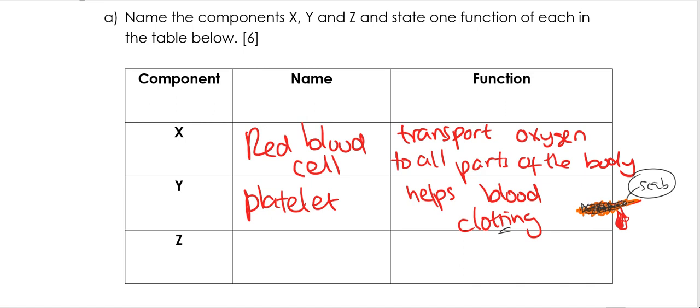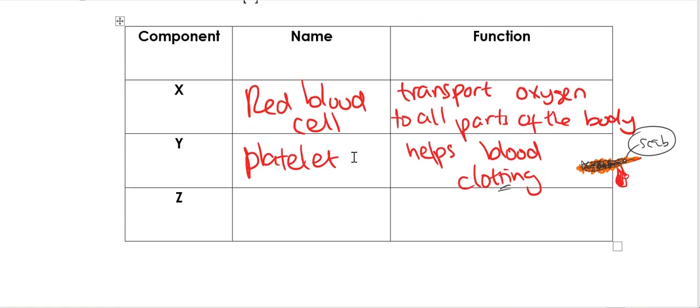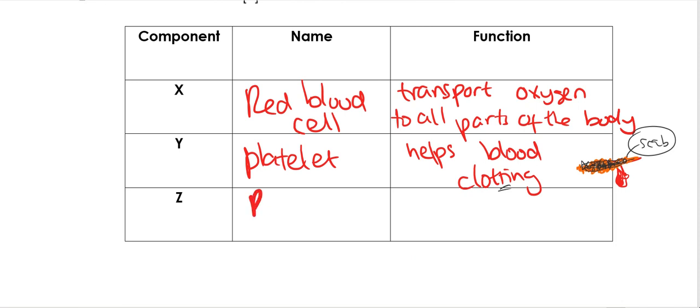Okay, so Z is actually this part. Z is this big part, so it's a red blood cell. Wait, what am I writing?